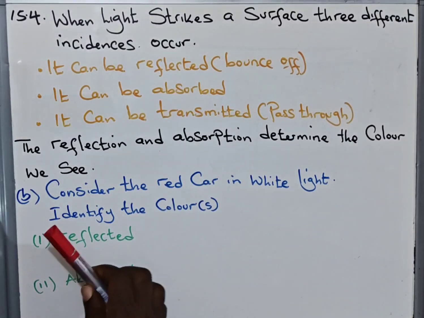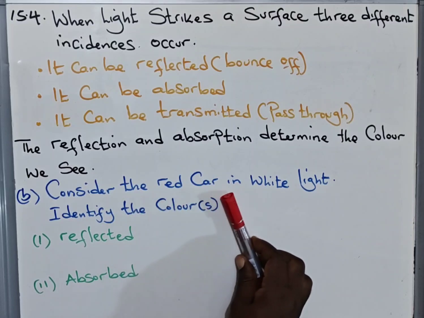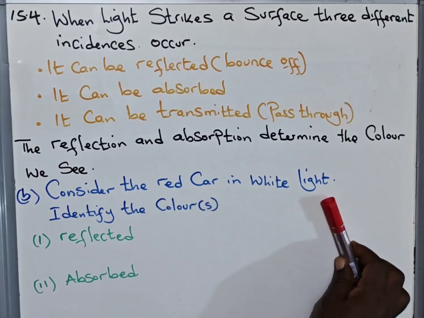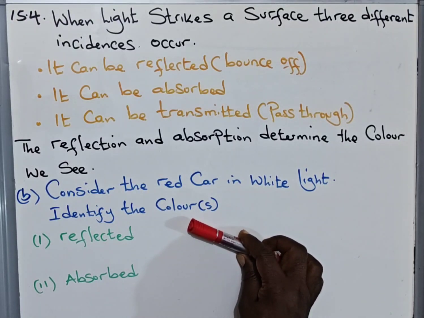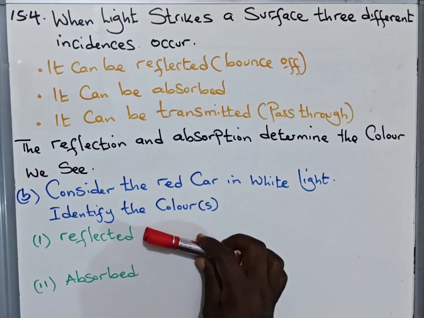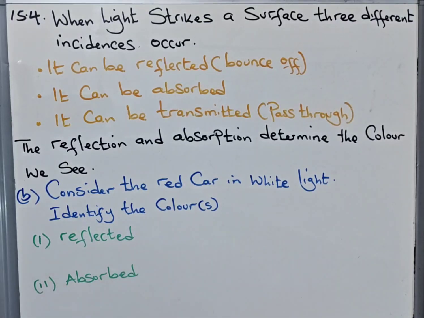Then we come to this question. It says, consider the red car in white light. Then they say, identify the color or colors reflected or absorbed. This is the scenario. We are in white light and we are observing a red car.